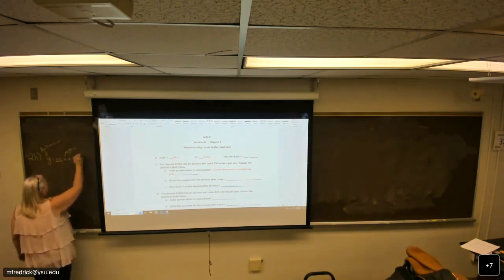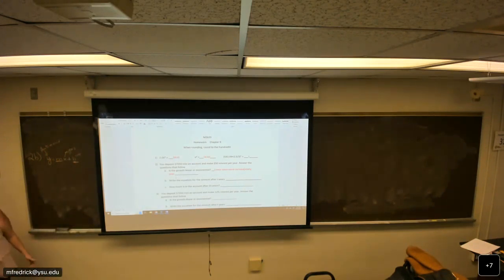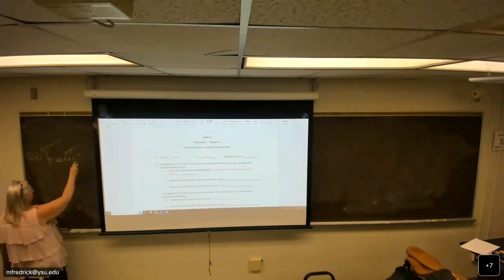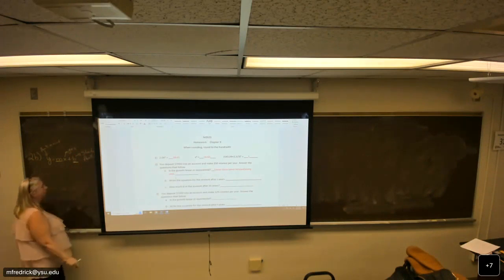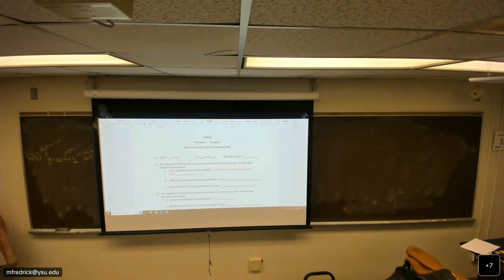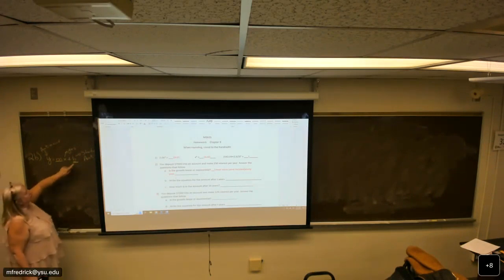So B, which is also a y-intercept, is the starting amount. The initial amount that's put into the account. Or if it were a credit card, the initial amount that's charged. Or if you're renting a snow blower, whatever the starting fee is, and then you pay for so many minutes, that's your B. So what is our starting amount for number 2?